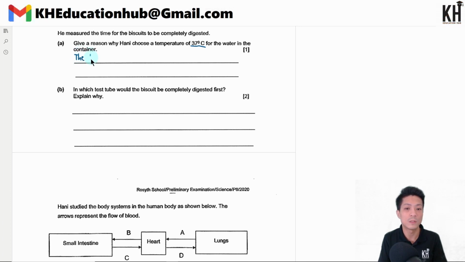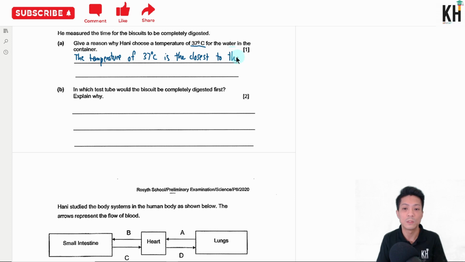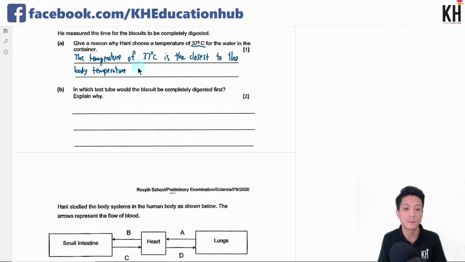So the temperature of 37 degrees Celsius is closest to the body temperature of a human.